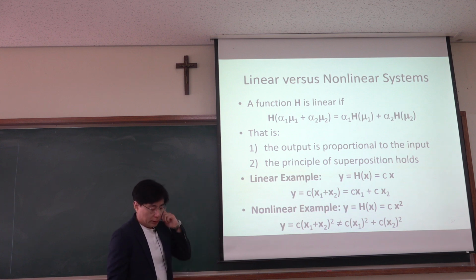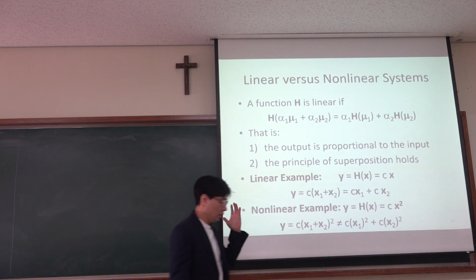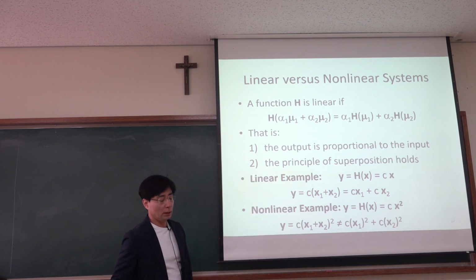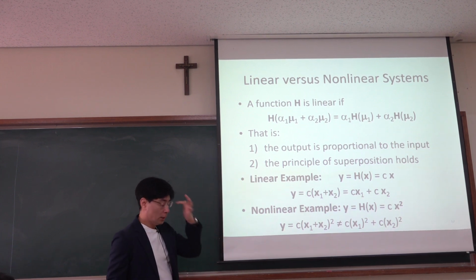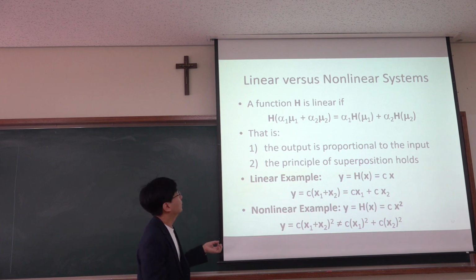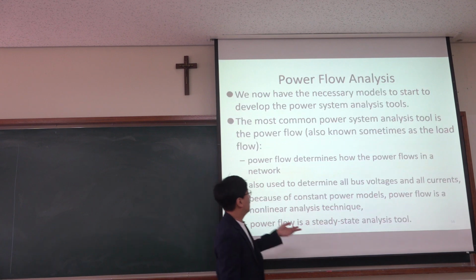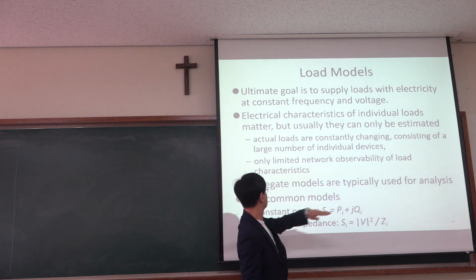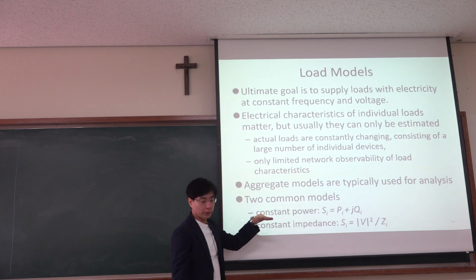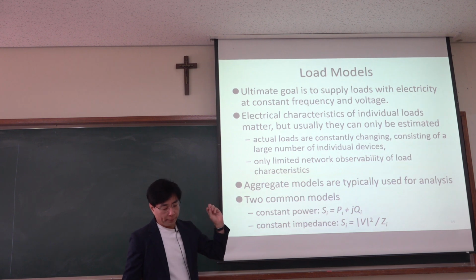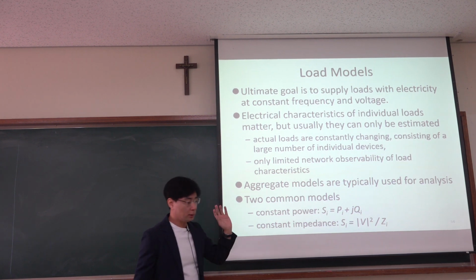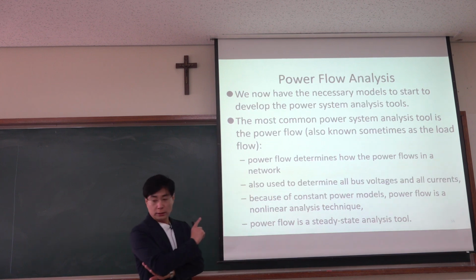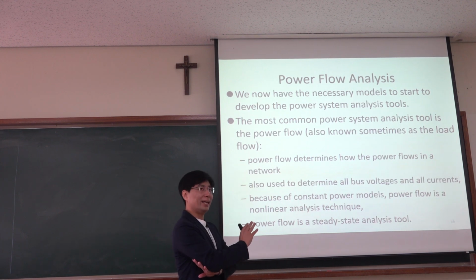So interestingly, if we only have passive components, we can apply this linear superposition principle in analyzing power systems. But actually, because of our assumption of the constant power consumption at the load bus, that is not valid. So power system is actually a nonlinear system. So that's why this power flow analysis is not quite easy.